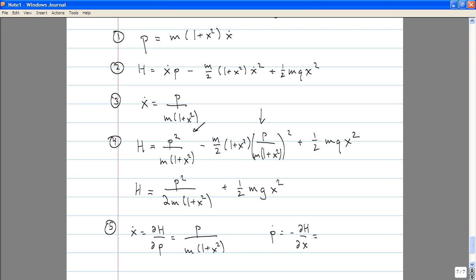So there'll be a term which is minus p squared over 2m times 1 plus x squared squared, and then there'll be a 2x in the numerator coming from the derivative of 1 plus x squared, and there's an overall minus sign, so minus mgx.